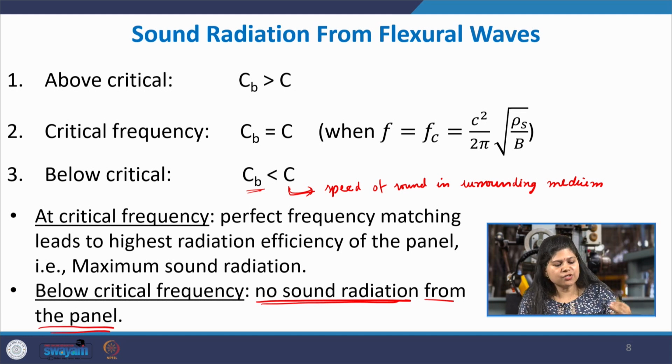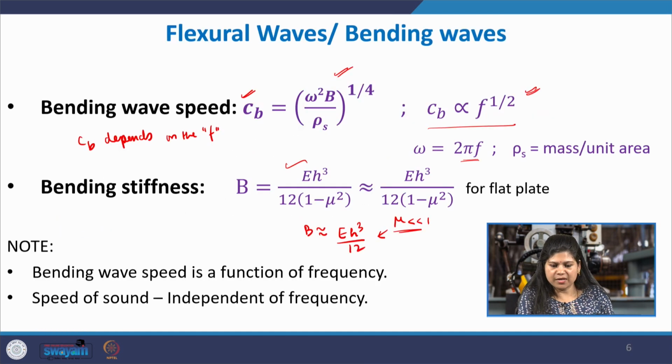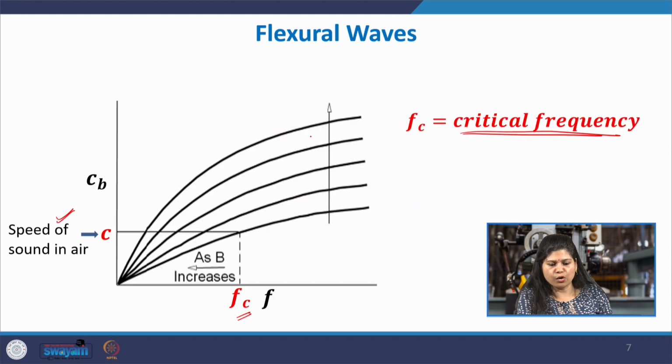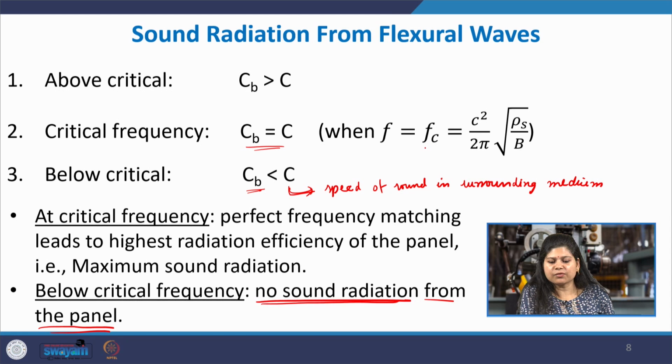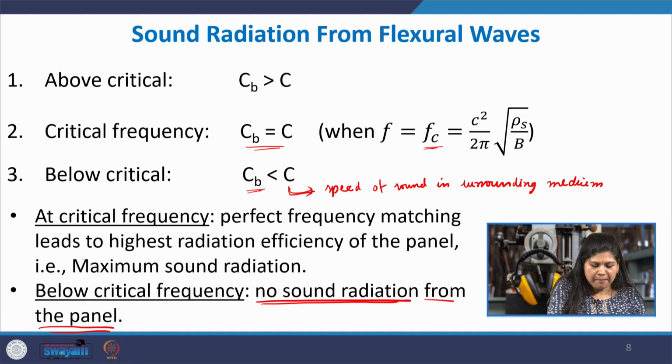Then comes the critical frequency, when CB becomes equal to C. When you equate it in this equation, you put CB as C and find the corresponding Fc creating this C. From this equation, you will ultimately get that the critical frequency is C square by 2 pi under root of rho s by B. At that moment, you will have maximum sound radiation.